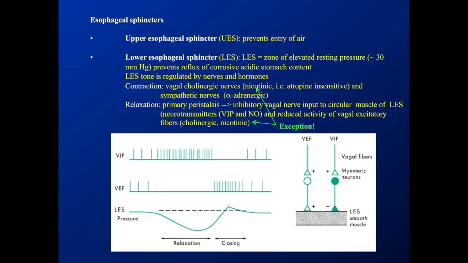Then during the act of passing food down the esophagus, this will relax, and what happens is the vagal inhibitory fibers increase their firing rate, and the excitatory fibers reduce theirs, and you get this relaxation. And then to close it again, the vagal excitatory fibers increase their firing, and this in conjunction with reduction of firing of the vagal inhibitory fibers promotes closing.